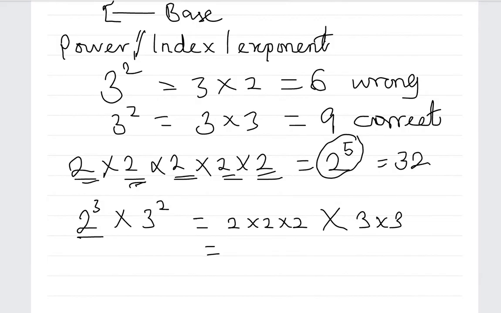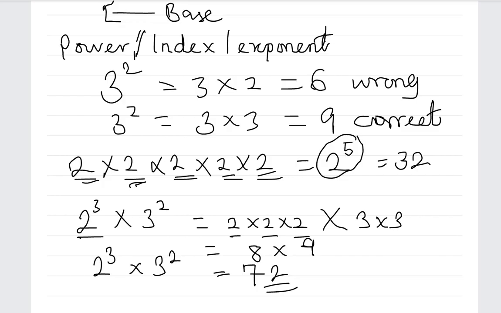So this will give us 2 times 2 is 4, 4 times 2 is 8, then multiply by 3 times 3, which will give us 9. Are you seeing that now? Then multiplying 8 by 9 will give us 72. That means the expression 2 raised to the power of 3 times 3 raised to the power of 2 will give us 72. Do you get that now?